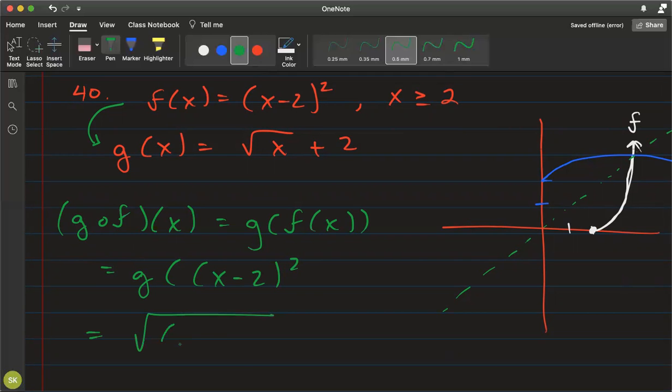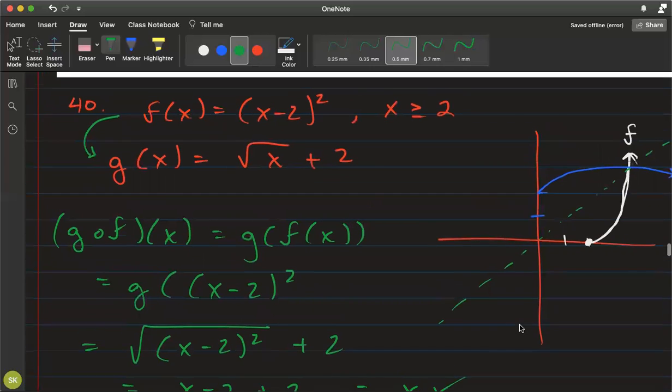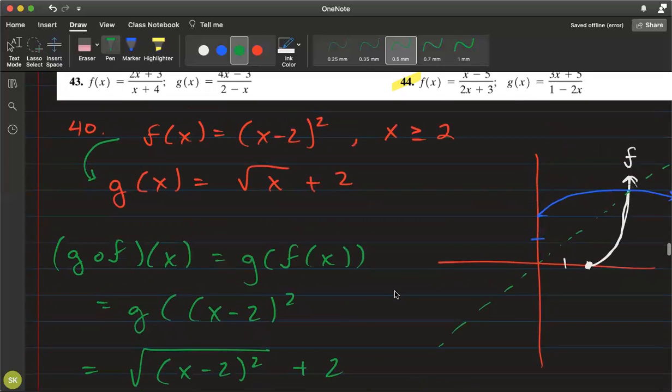So I get the square root of (x minus 2) squared plus 2. I have 2 of these, and I'm taking the square root, so that leaves me with 1 of them. And I have x. So that does work.